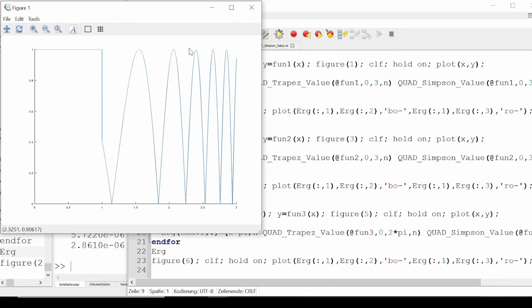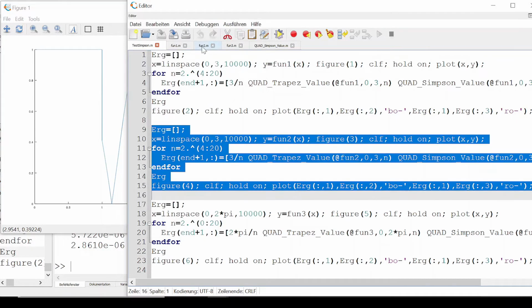So in this situation, if you are really sure that there are no kinks and no jumps, then maybe you can apply the Simpson rule. But if there are jumps and if there are kinks, never apply Simpson. Then the trapezoidal rule will be the best integration idea of all the ideas, also the ones we will talk about in the later videos. The trapezoidal rule performs best in these situations.